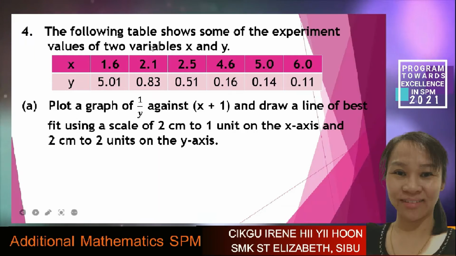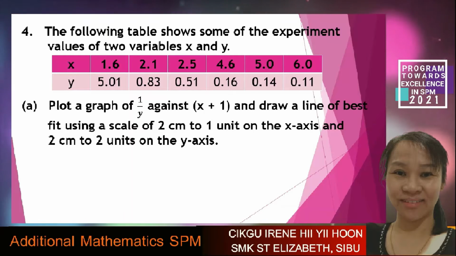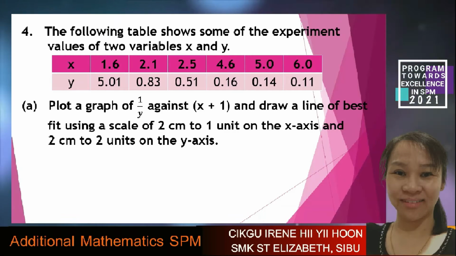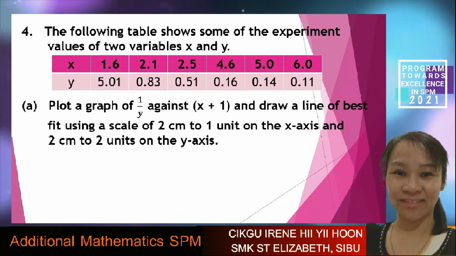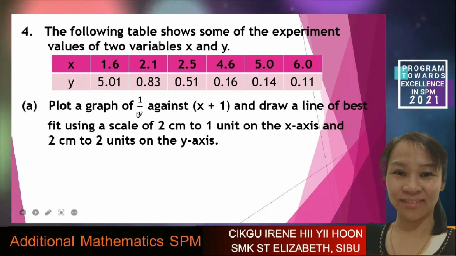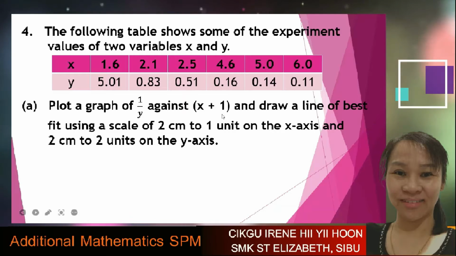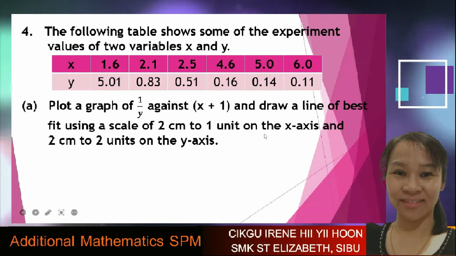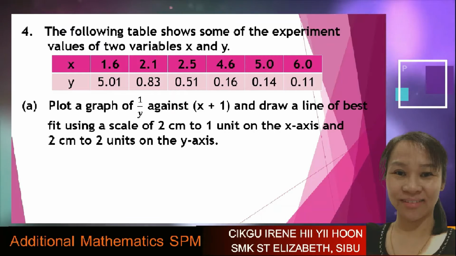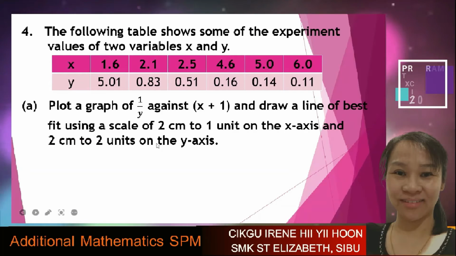The following table shows some of the experimental values of two variables x and y. A. Plot a graph of 1 over y against x plus 1 and draw a line of best fit using a scale of 2 cm to 1 unit on the x-axis and 2 cm to 2 units on the y-axis.